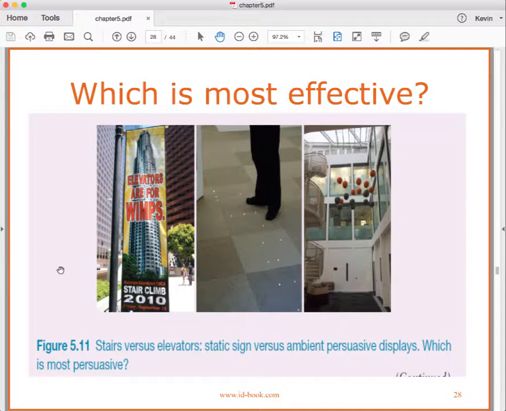If in fact we're going to try to affect people's behavior, then the question is, how are we going to do it? And what we have here on the slide are three different approaches. The approach on the left is simply a banner trying to get people to climb stairs in 2010 and claiming that elevators are for wimps.